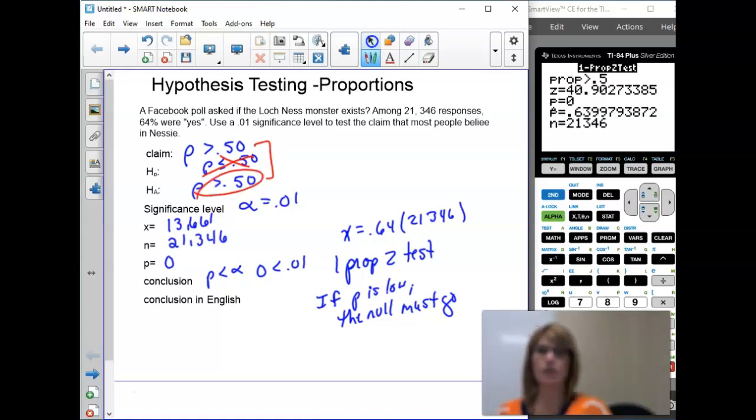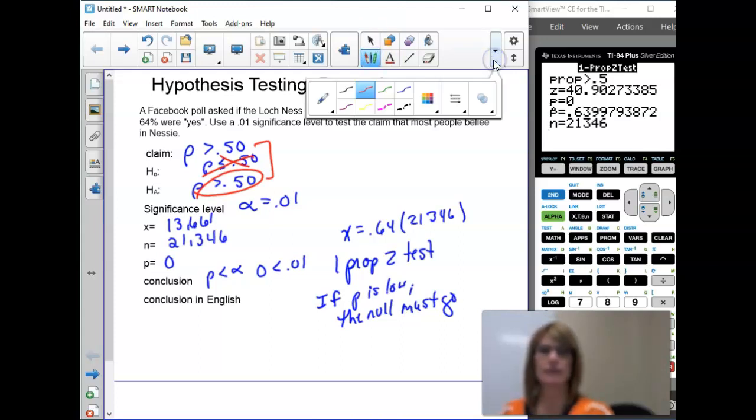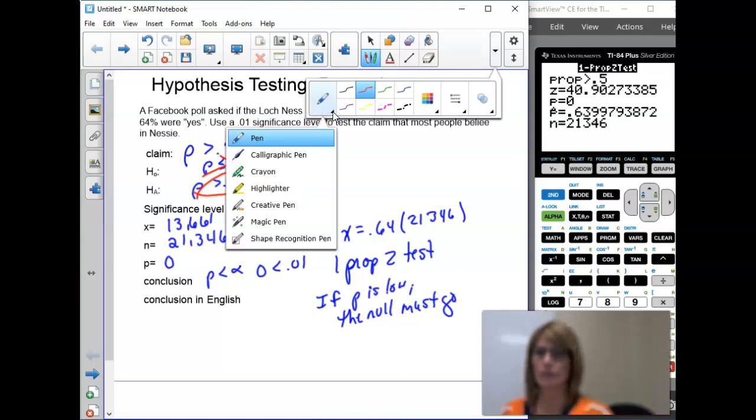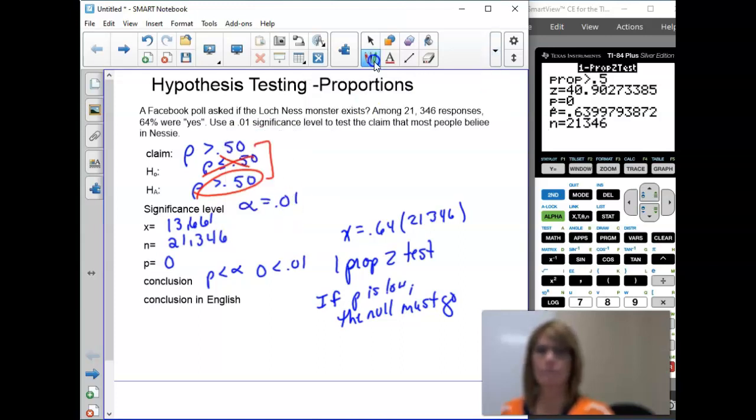Does that match your claim? Yes, it matches our claim, and it makes us really, really happy. So it matches the claim.